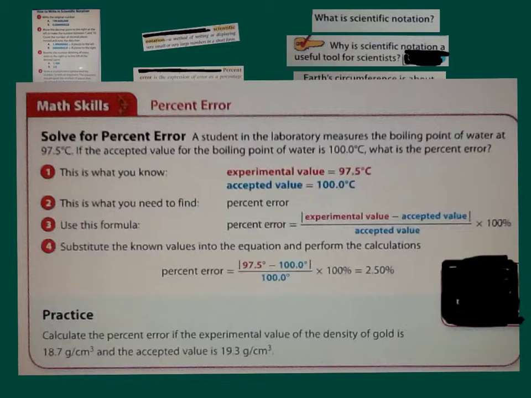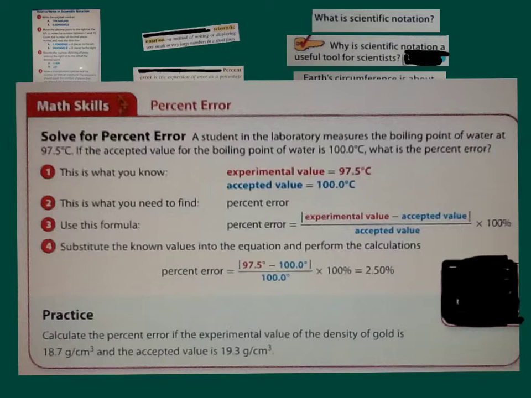Number 2, this is what you need to find out: the percent error. You're going to use this formula right here. Percent error equals your experimental value, which is 97.5, minus your accepted value, which was 100. You're dividing that by the accepted value, which is 100, and then multiplying it by 100%.